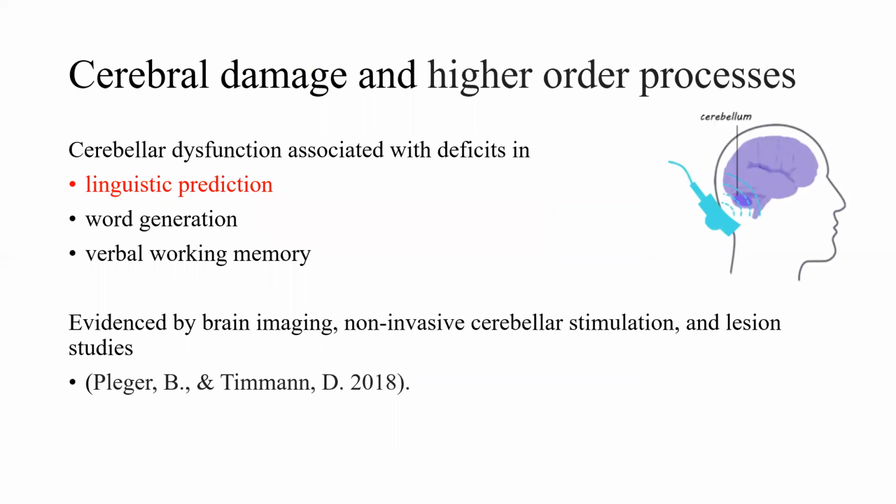And to discuss that, we're going to discuss what happens to linguistic processing after there's been damage or non-invasive cerebellar stimulation. Common side effects of either of these things are deficits in linguistic prediction, word generation, and verbal working memory.